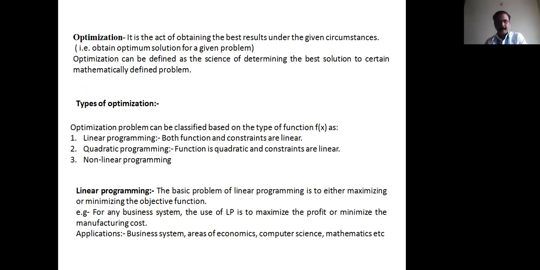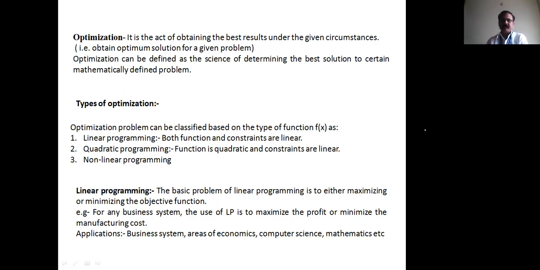First is optimization. What is optimization? It is the act of obtaining the best results under the given circumstances. That is, to obtain the optimum solution for the given problem.